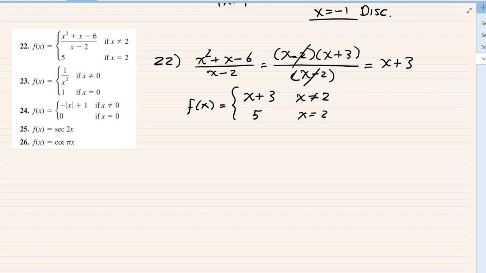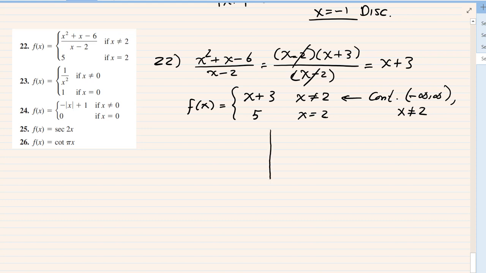All I have to do is, let's see, there's no discontinuity here. The reason, because this is continuous from negative infinity to infinity. And of course, x cannot be 2. And then that hole in the graph at x equals 2 is filled by defining the value of the function at x equal to 2 to be 5.